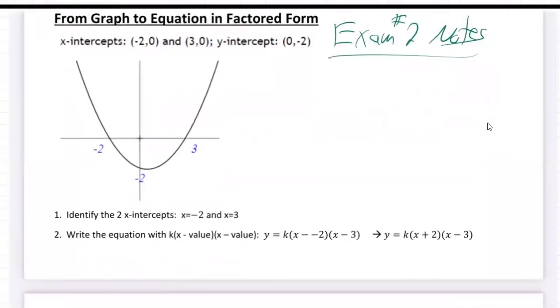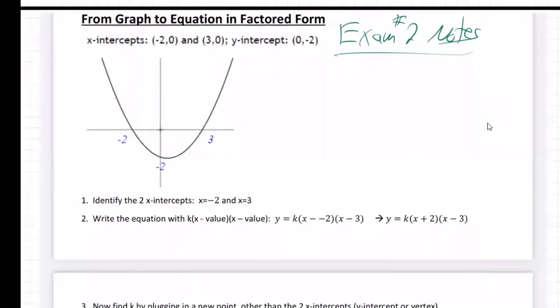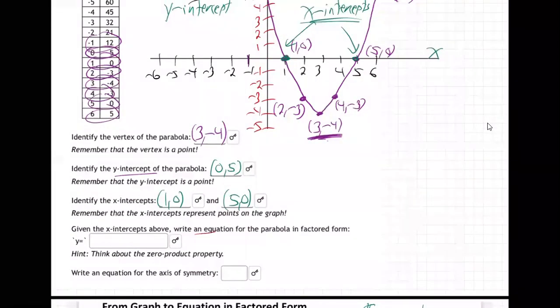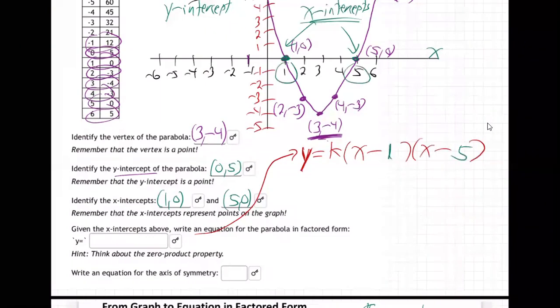The equation is going to be k times x minus a value, times x minus another value, these two values being the x-intercept values. So the equation is y equals k, x minus, and what are the two values? 1 and 5, the two x-intercept points.